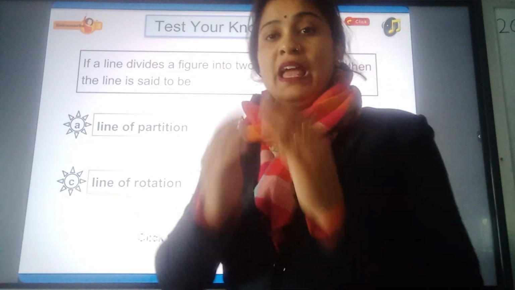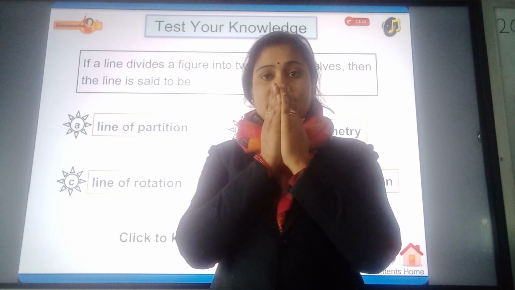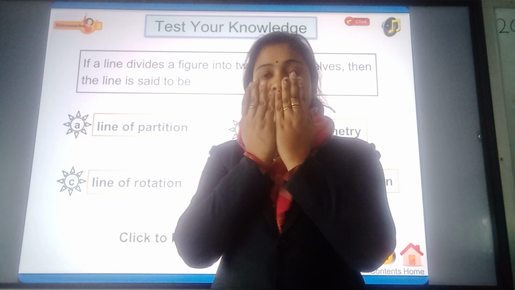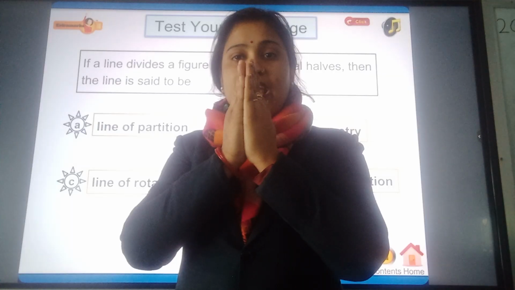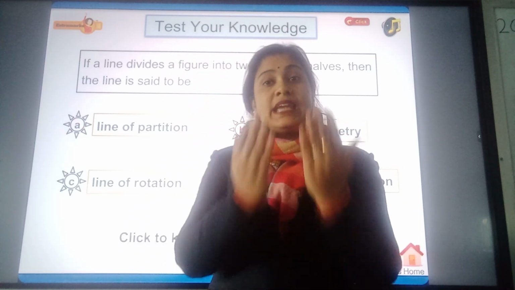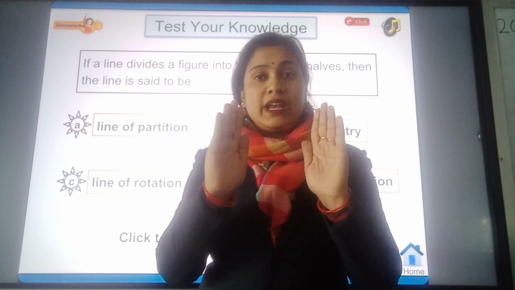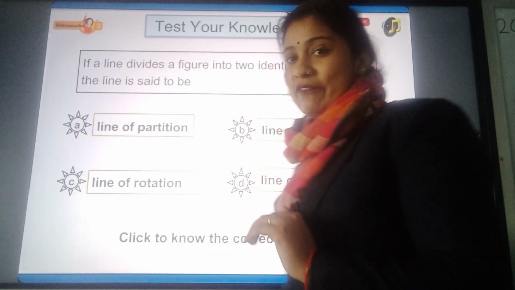For example, this is my palm. Can you see the line which divides? Okay, this is the line which divides. So if I fold these two palms along this line, can you see they are completely identical and overlapping? So we can say that the line about which we folded the two palms is the line of, that is what we have to answer.